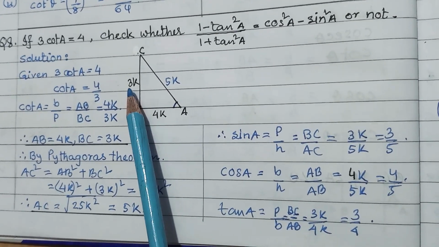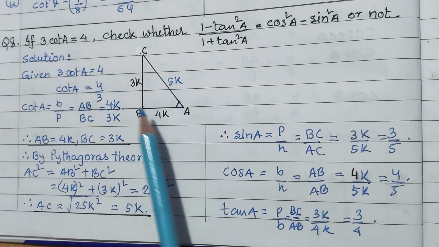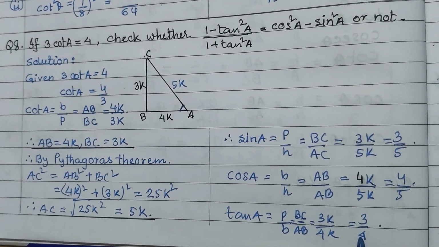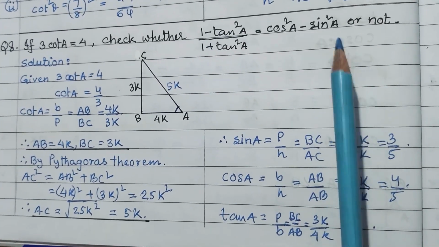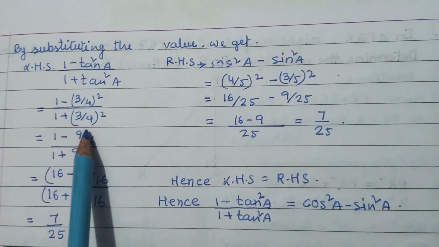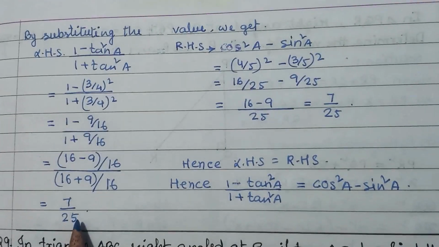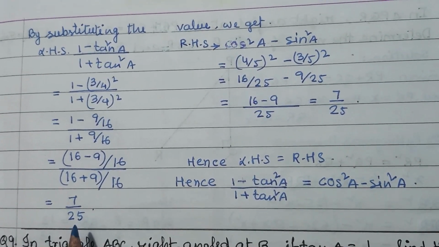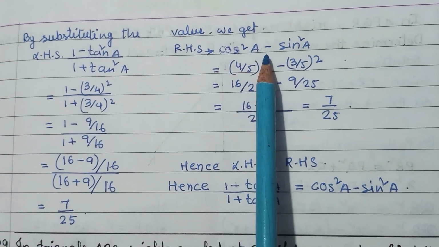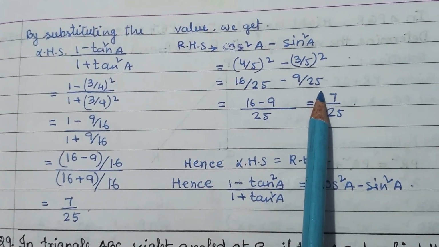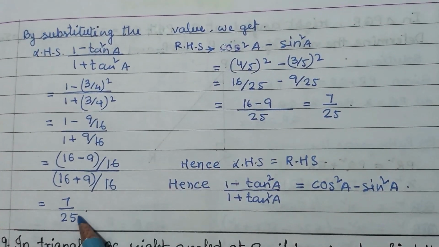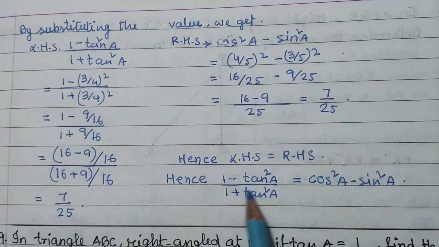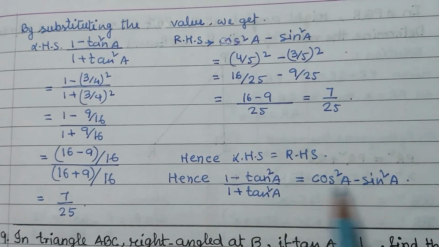And tan A is equal to perpendicular upon base, 3 upon 4. Now you substitute this value in this format. Left hand side, substituting this value, it is coming 7 upon 25. And right hand side, cos square A minus sin square A, you substitute this value and it is coming 7 upon 25. So left hand side equal to right hand side we have got. Hence these two are equal.